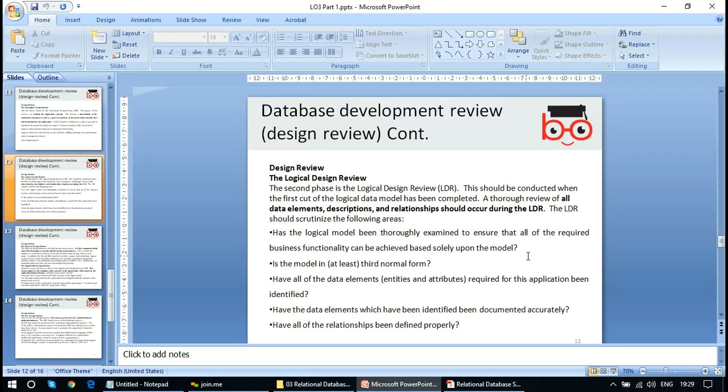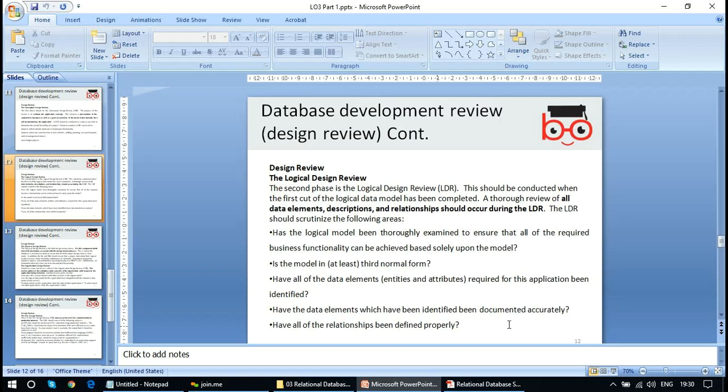So you are going to make a logical model. You are going to review the logical model, and then is the model in the third normal form, at least in the third normal form? Have all of the data elements required for this application been identified? Have the data elements which have been identified been documented accurately?